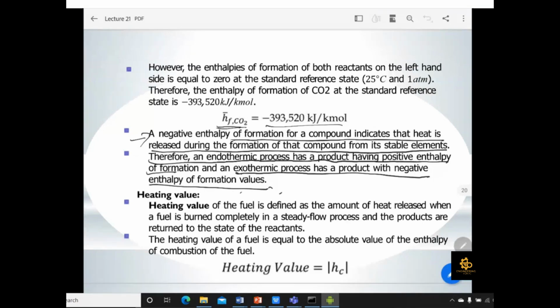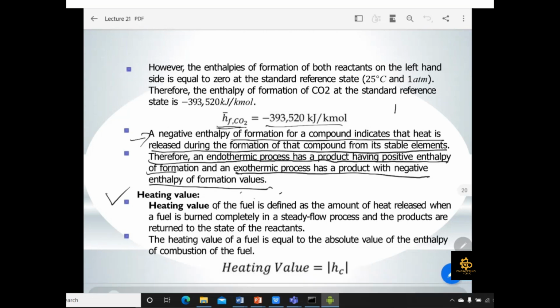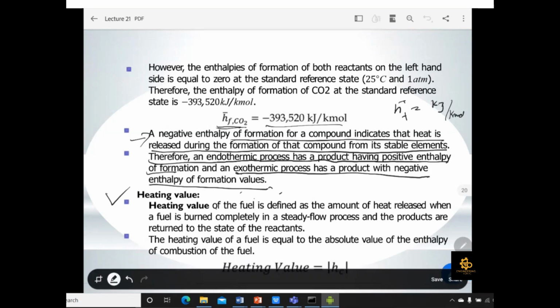Now another important parameter which we use while analyzing the combustion equation is the heating value. Basically, heating value and enthalpy of combustion are almost the same thing. Enthalpy of formation we represent in kilojoules per kilomole, whereas heating value is mostly in kilojoules per kg.